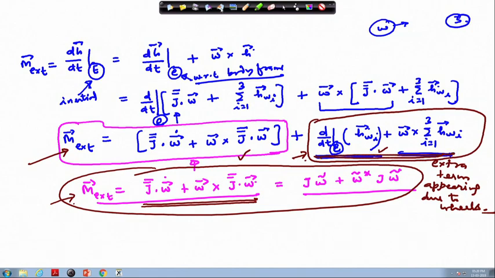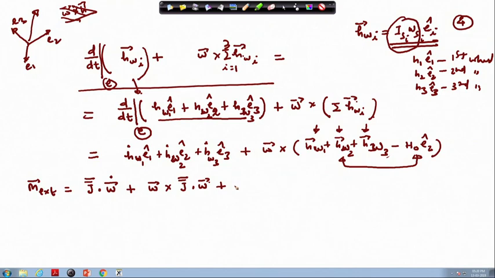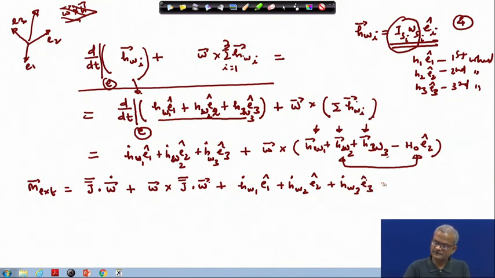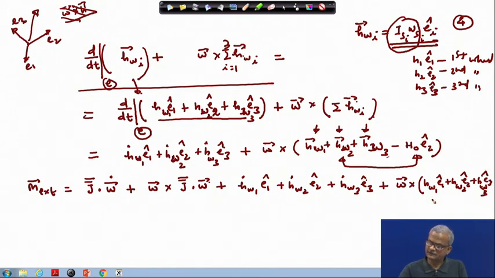So, this expanded term we can put here from this place. This becomes H W 1 dot E 1 cap plus H W 2 times E 2 cap, E 3 cap, and plus omega cross this quantity here, which is H W 1 times E 1 cap, H W 2 times E 2 cap plus H W 3 times E 3 cap minus H 0 E 2 cap.